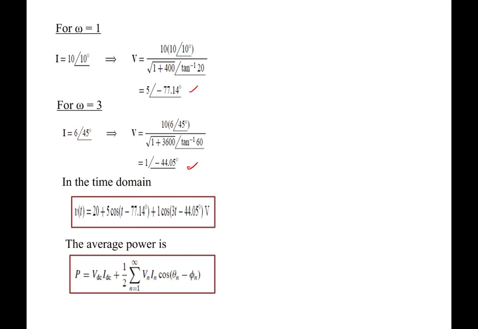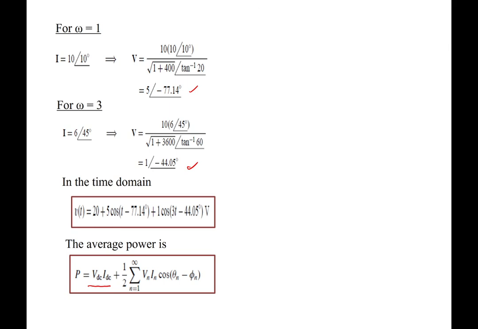Now what is the definition of the average power? Average power will be the power consumed in an impedance due to the different components. So we have a DC component, which is VDC times IDC. And then we have, let us say, the fundamental component. So it will be V root mean square, I root mean square, cosine the angle between the two.